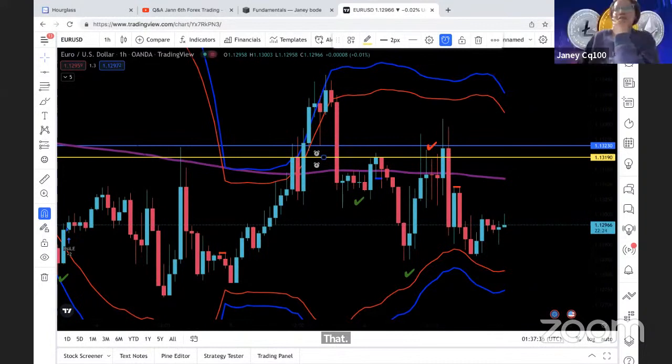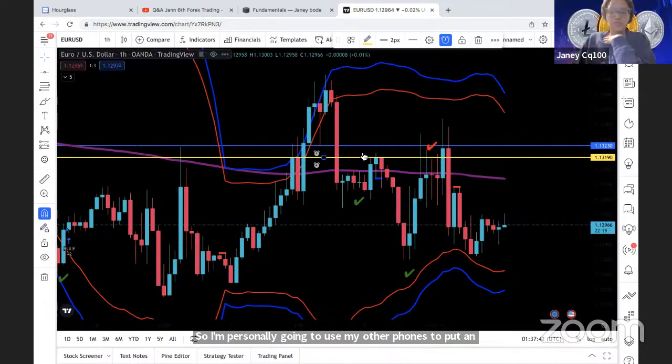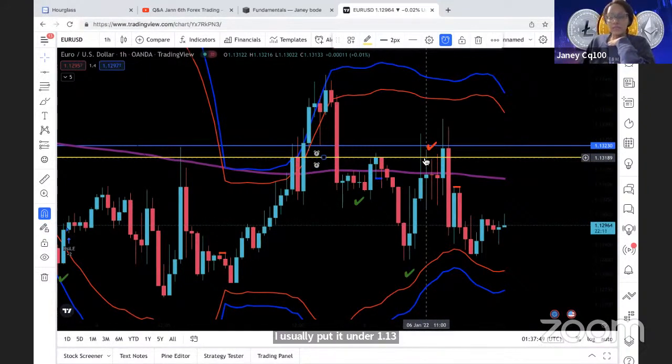Exactly. I'm personally going to use my other account to put an alarm. Basically, you bring your line, and I usually put it under 1.130. That way, when I hear the alarm, I have enough time to come in, sit down, and look at what Hourglass is saying. Actually, with these trades I don't even look at Hourglass.